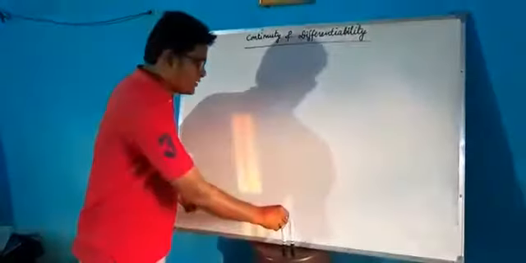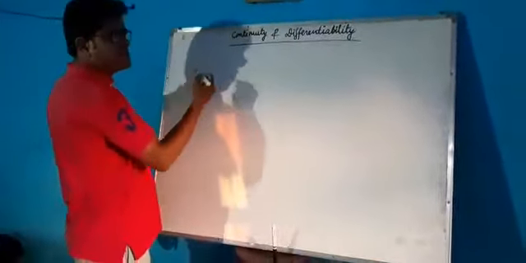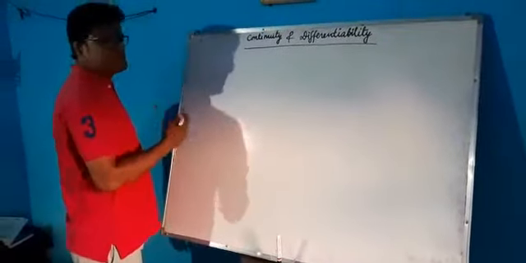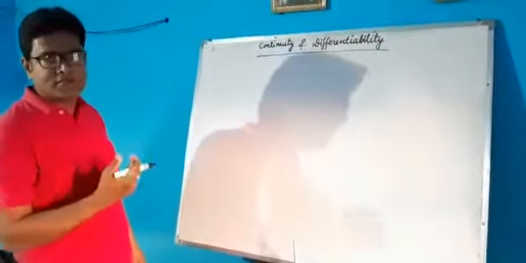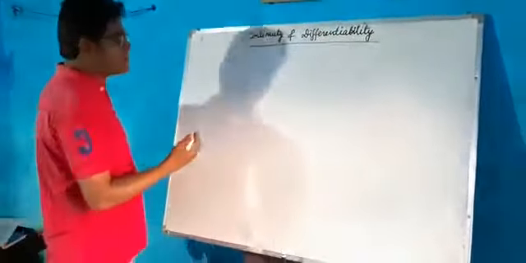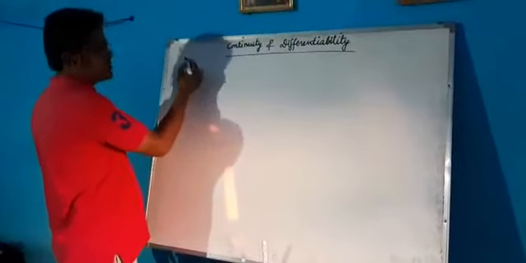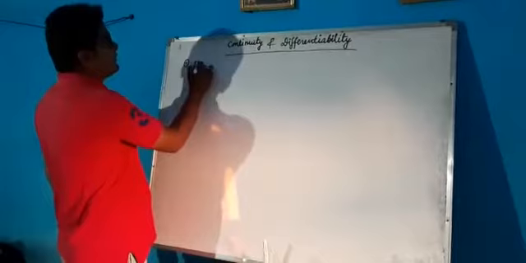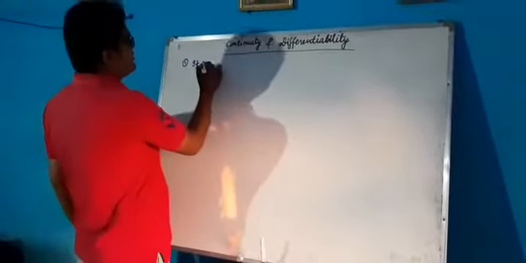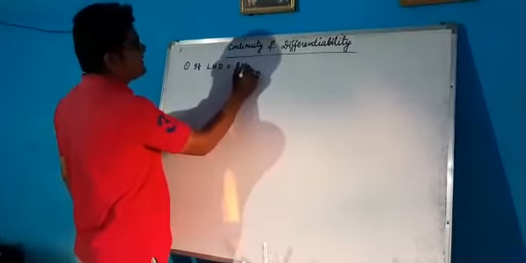So my dear student, the next is differentiability. What is differentiability? You see, the function is differentiable or not. Before differentiating the function, we have to check whether the function is differentiable or not. So how to check it? See, if you have been given a function and you have to check it, that means if left hand derivative is equal to right hand derivative.